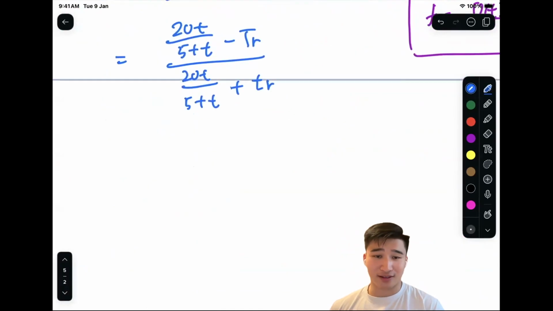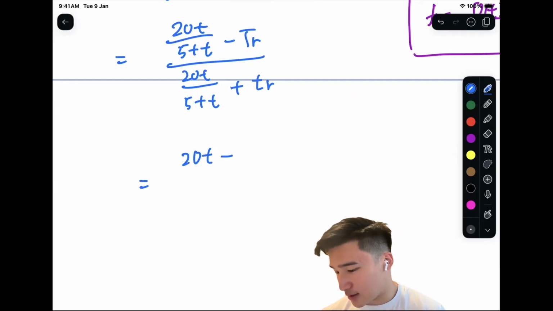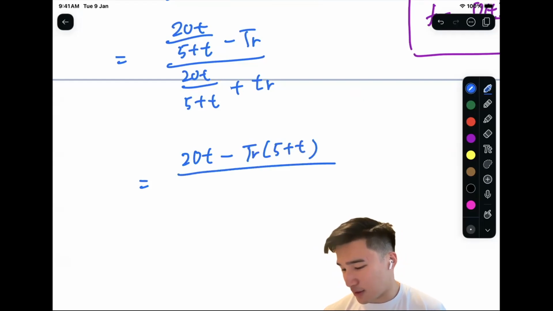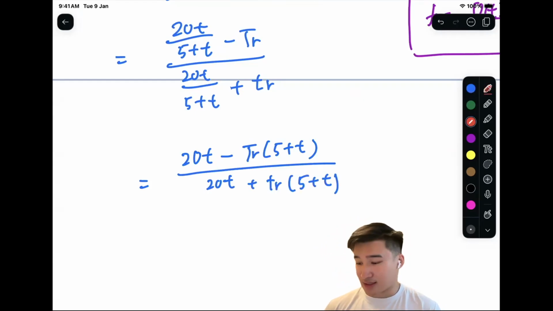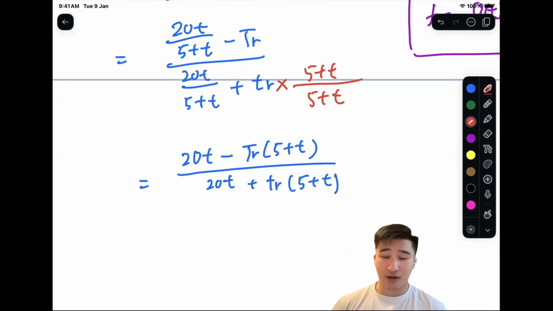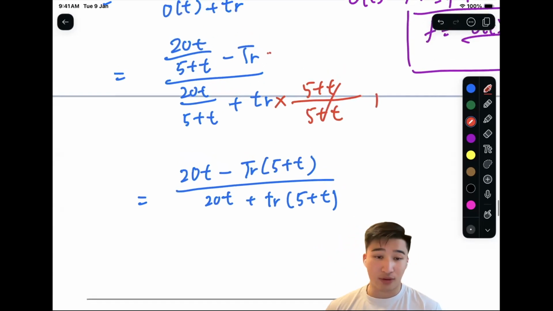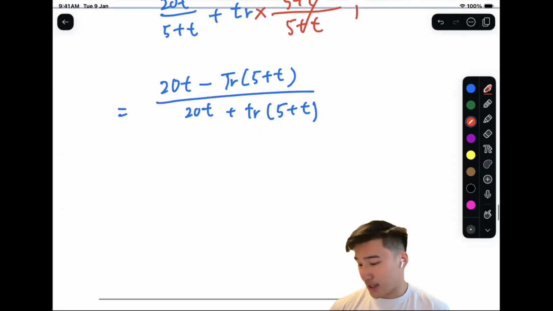So now we have a fraction like this, and actually we can use the same concept and remove our denominator, 5 plus T. So 20T minus our TR times our 5 plus T is going to be directly over 20T plus our TR times 5 plus T, okay? If you don't understand why we can get this directly, it's because I multiplied this by 5 plus T over 5 plus T, okay? Now 5 plus T over 5 plus T is actually 1. That's why we can do that. I do this for this one as well, and that's why we get this one. So you can try it out yourself. And yeah, let's move on.